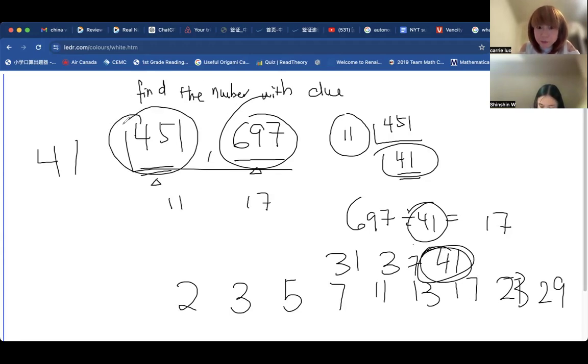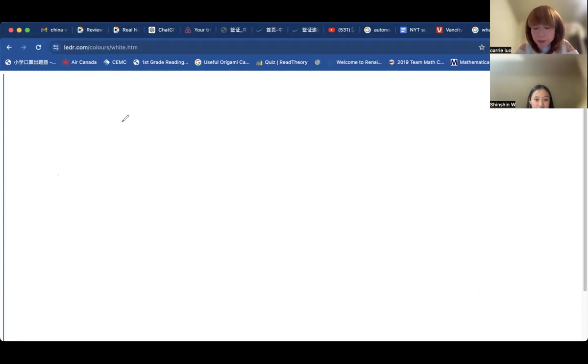But it is easier to find the number with a clue and just target that one. If 11 is not working, just use 41. If 41 is not working, that means these two numbers don't have a common factor. Do you understand what I mean? This is much, much quicker, especially for bigger numbers whose common factor is a big prime number.